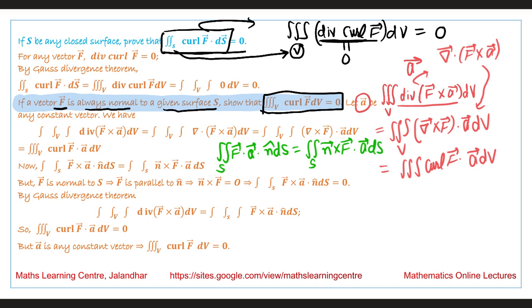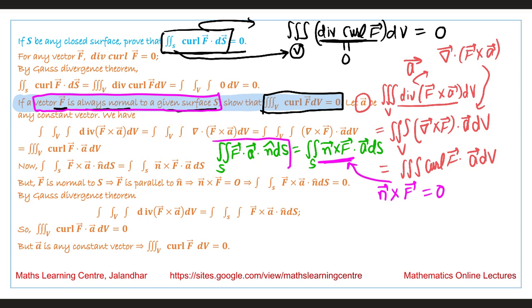Now it is given that f vector is always normal to the given surface S. It means n vector, normal to the surface, cross f vector is equal to 0. So this implies that this integral is equal to 0.